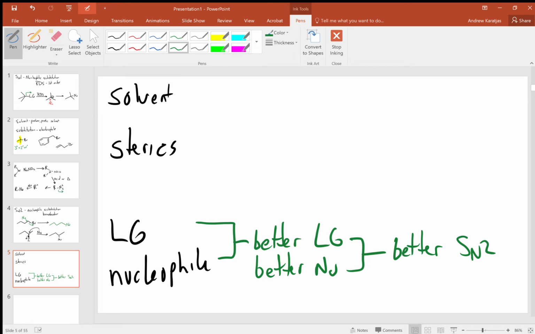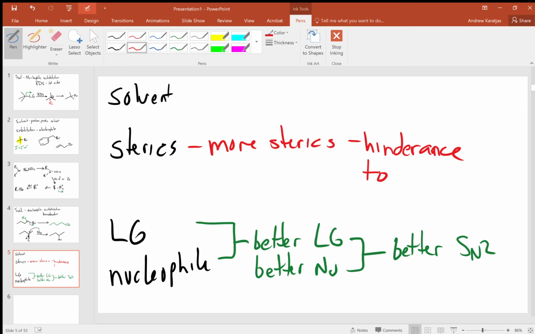Now, with sterics, more sterics or more steric hindrance will almost always cause a hindrance to an SN2 reaction. That's because the nucleophile is attempting to attack a fully substituted tetrahedral carbon.